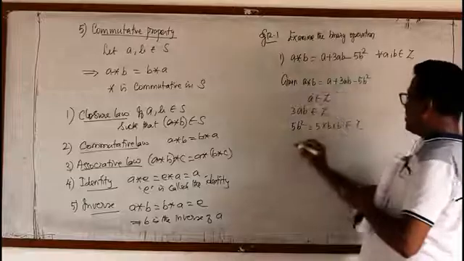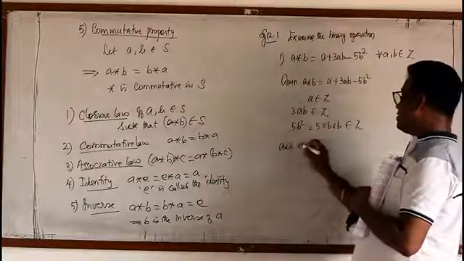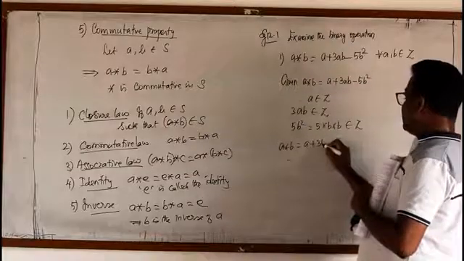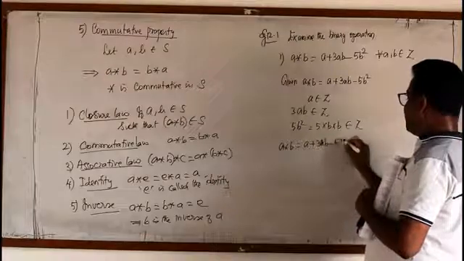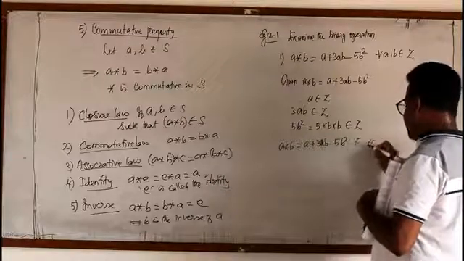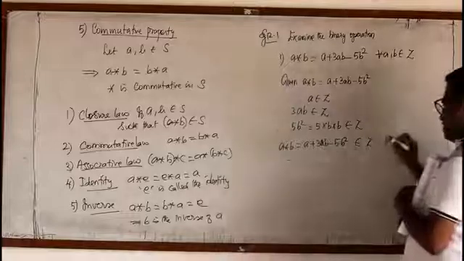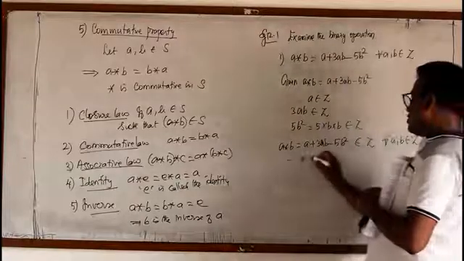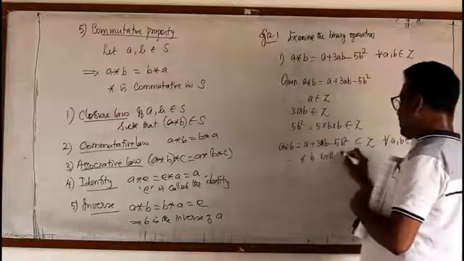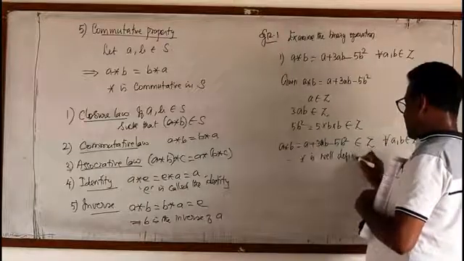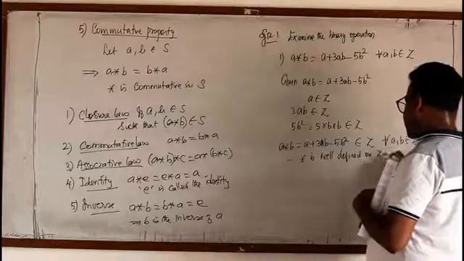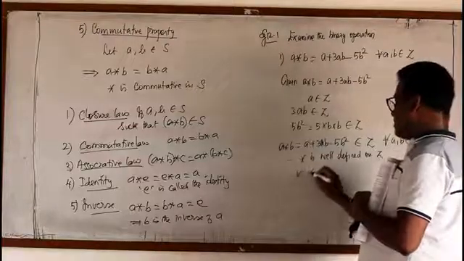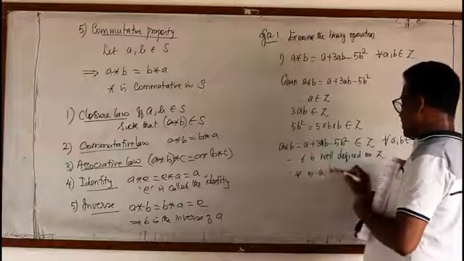So when I add or subtract, A star B, which is A plus 3AB minus 5B square, definitely belongs to Z for any A, B belongs to Z. Therefore star is well defined on Z. Therefore star is a binary operation.